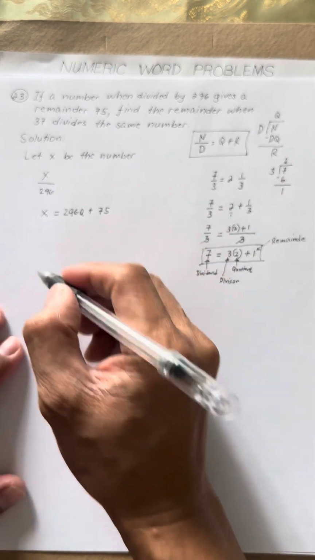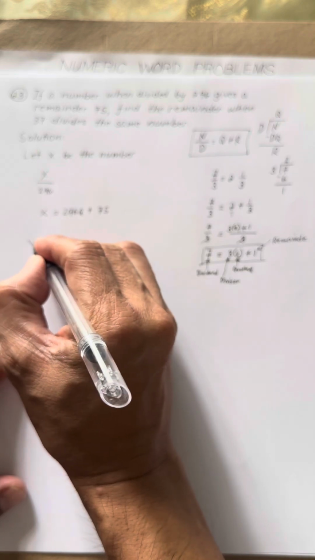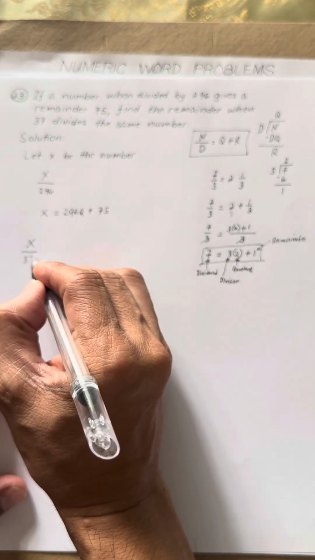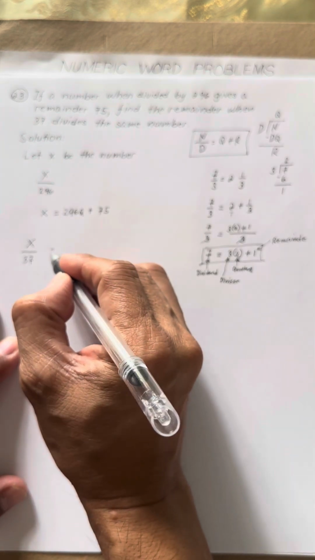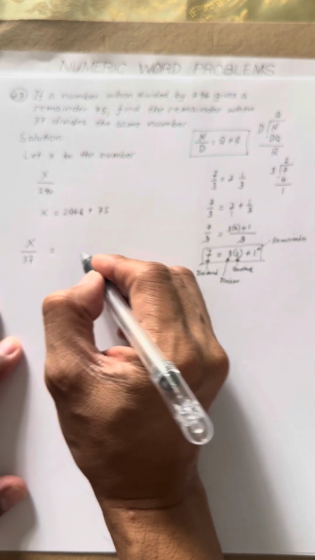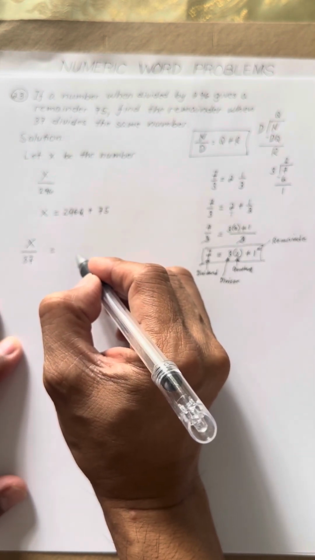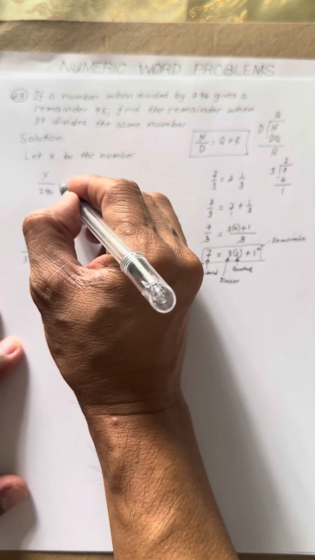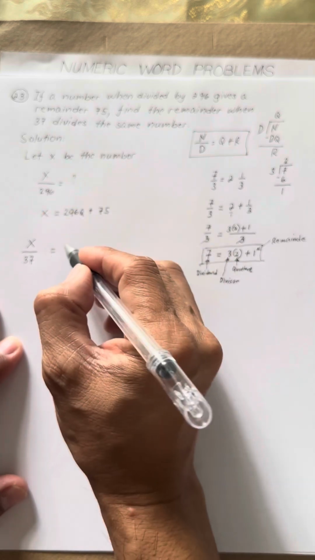So it means the same number, which is x, when divided by 37, equals something which can be expressed like this. So we have this one and also this one.